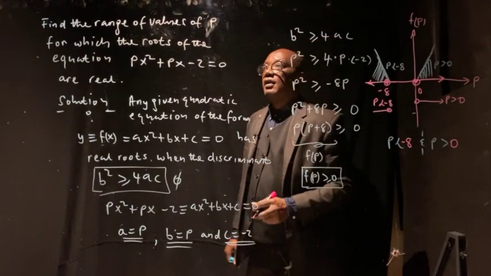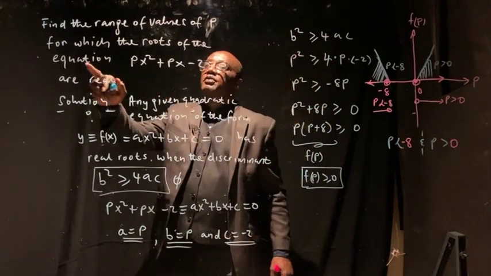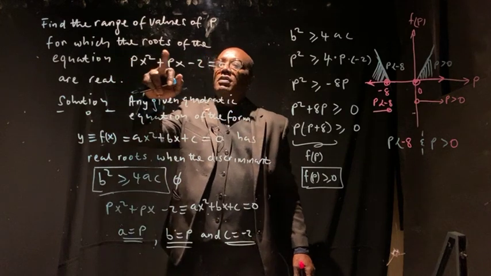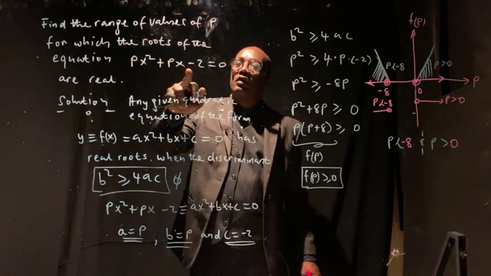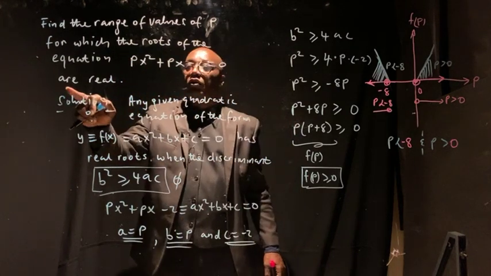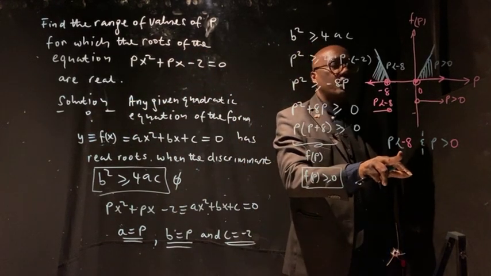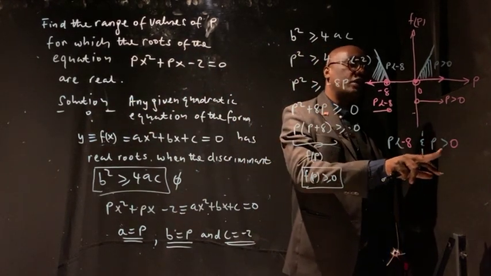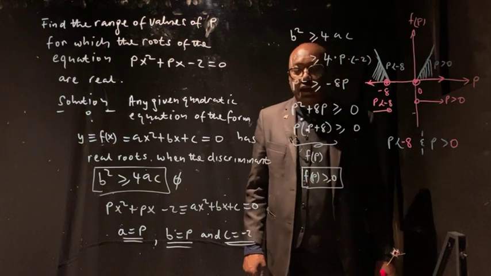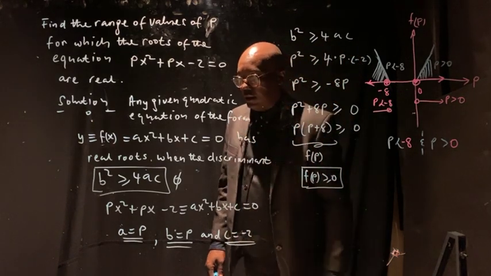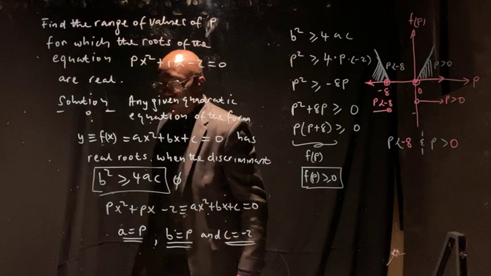This is it. So the range of values of p for which the roots of this given quadratic equation equal to 0 are real is when p is less than minus 8 and p is greater than 0. That's the inequality that the question requested.